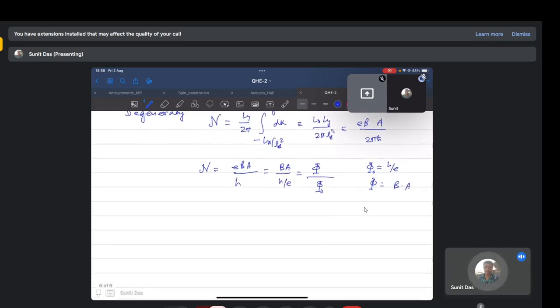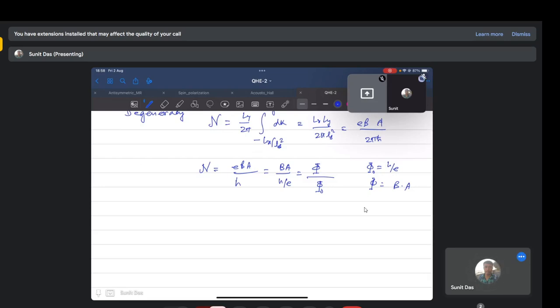So the degeneracy is how many flux quanta there are, right? The flux divided by the flux quantum. So degeneracy is, we can say, how many flux quanta there are in the system. This many degeneracy is there, and for a realistic sample, this number comes out to be very high. It's of the order of 10 to the power 8, I think.